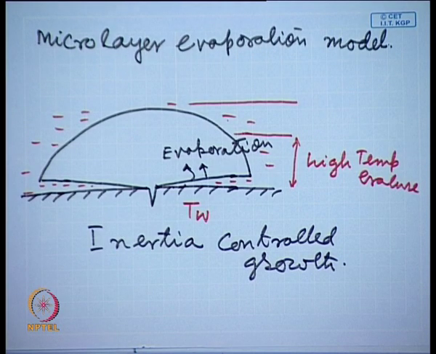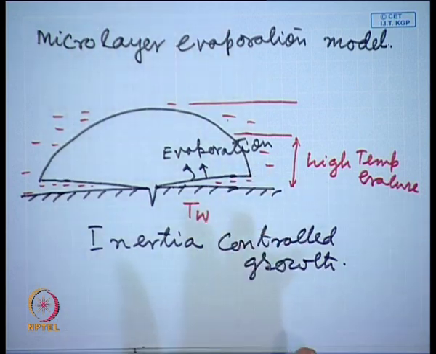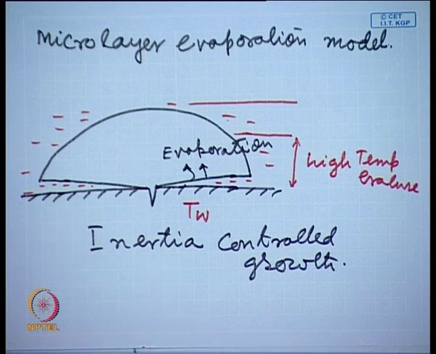So, there are models based on this micro layer evaporation, and some experimental data can be predicted very well by this model also. This is a bit recent model; all the models which I have described are a bit earlier models. So, this model is also applicable.